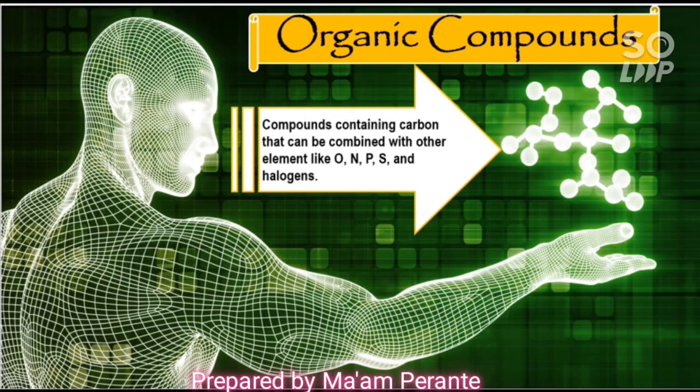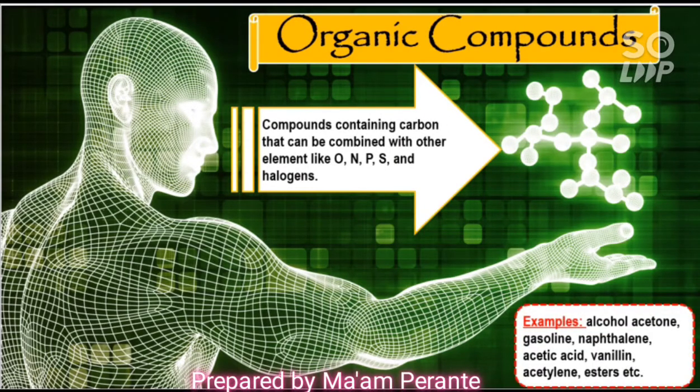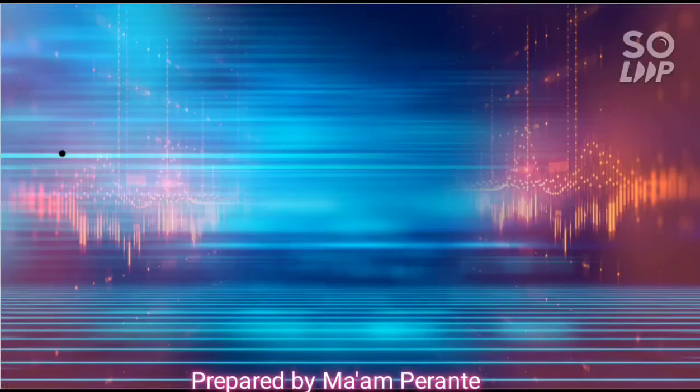So in this module, I will now give you the examples of organic compounds, uses, and properties in real-life situations. Some examples that we can use every day are alcohol, acetone, gasoline, naphthalene, acetic acid, vanillin, acetylene, esters, and so many more. These are just a few of the examples.